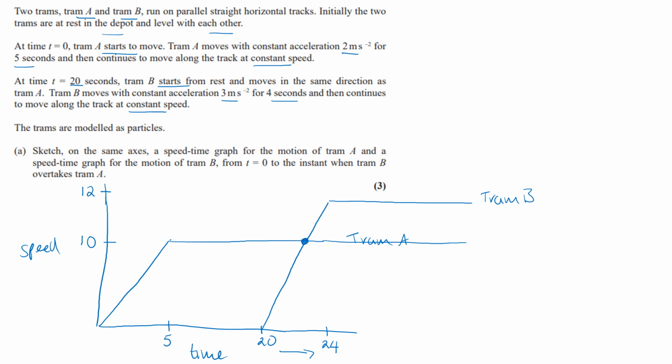The point here where the two lines cross is just the point where tram B has reached the same speed, but obviously it's further down the line because it's set off so much later.